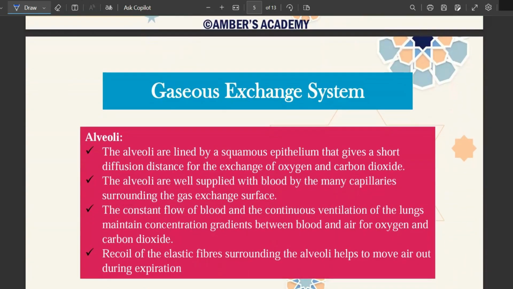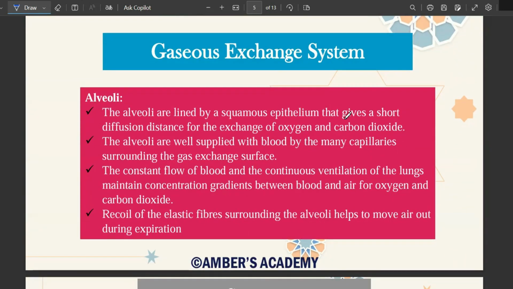Then we have alveoli. This is very important. This question might come in P2, and essentially it comes in P1, but it has potential to come in P2 as well. They might ask you about alveoli, and these are all 4 pointers that should be in your answer script.